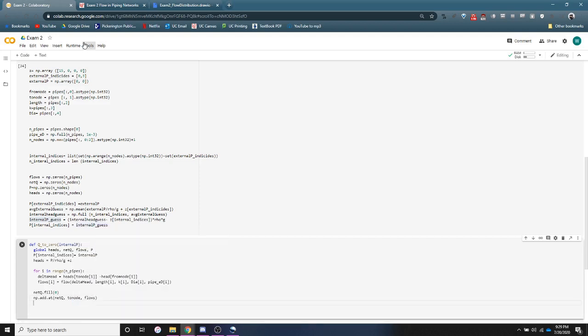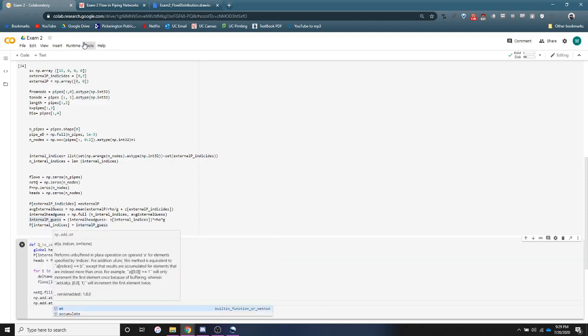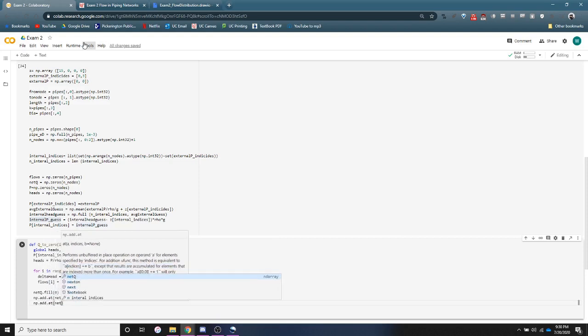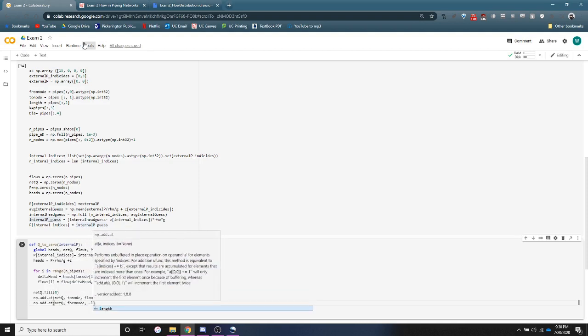And then we want to do it again for the from node, so np.add.at, netQ, from node, and that's going to be negative flows in this case.